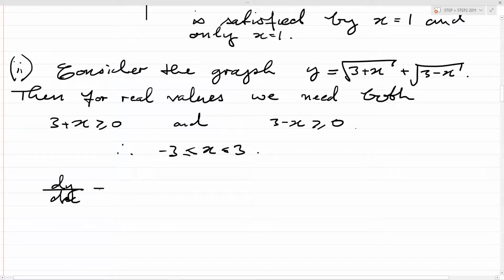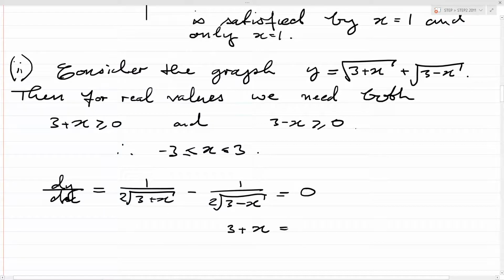We can see that dy by dx is going to be, and then we obviously have to think about 1 over 2 root 3 plus x, and then negative 1 over 2 root 3 minus x. Setting this equal to 0, we will find that we'll get 3 plus x equals 3 minus x after a little bit of algebra. And as you can see, the 3s will cancel, and then you'll get that x is equal to minus x. Obviously, there's only one solution to that, and that's going to be x is going to be 0.